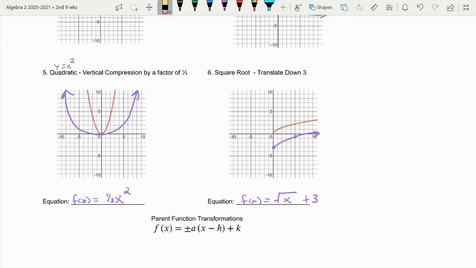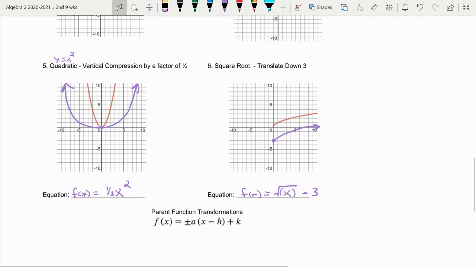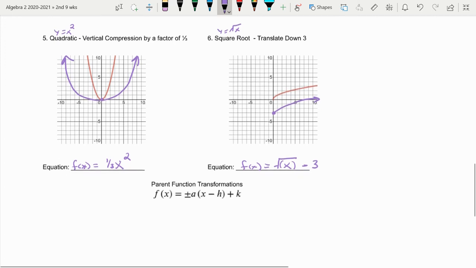If you put it inside the function, it's going to move right 3. So we have to make very clear that it's outside the parentheses. You can imagine parentheses inside the little square root house, or radicand, that we call. All right, so again, square root function, y equals square root x. You recall, we try to get y'all to memorize those.